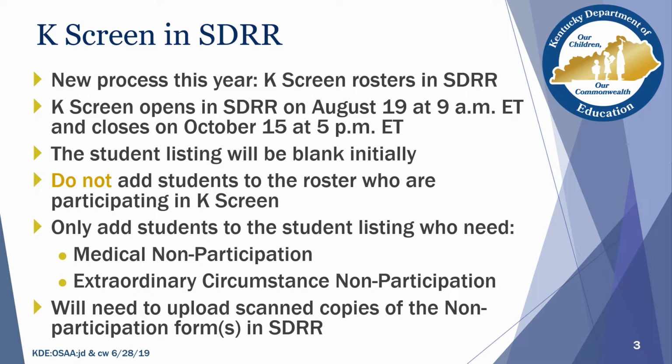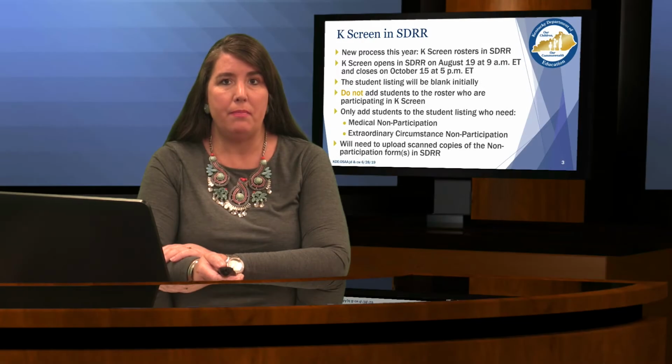When you put in that non-participation for that student and have added that student, you're going to have to upload a scanned copy of that non-participation form in SDRR. For some of you, that may be a new process because you haven't been working with SDRR before. Like I said, there will be plenty of screenshots to assist you, so let's begin.